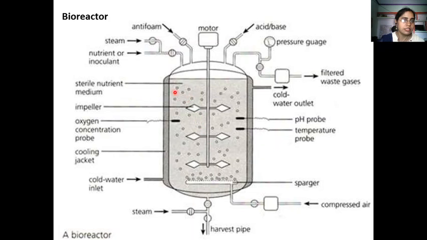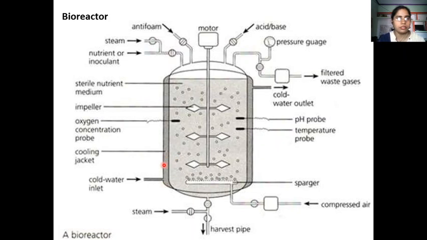So the most important thing is the jacket. You can see here. In the last lecture, I told you that for sterilizing the media in the bioreactor, the steam is passed through the jacket. Clear? So hot steam is passed in the jacket, and from the bottom, cold water is passed.